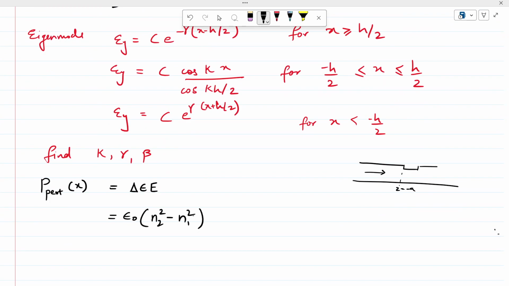If you remember, epsilon is nothing but epsilon naught times epsilon r, and this epsilon r is nothing but n square. So that is what we are using here. So the change delta epsilon will be n2 square minus n1 square. It should have been n1, it has become n2. So that is the change.